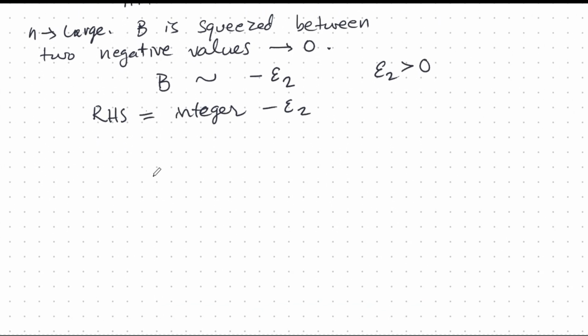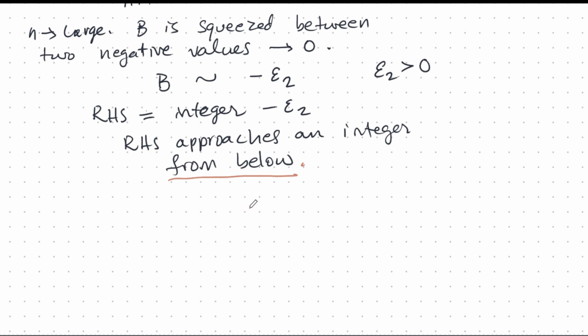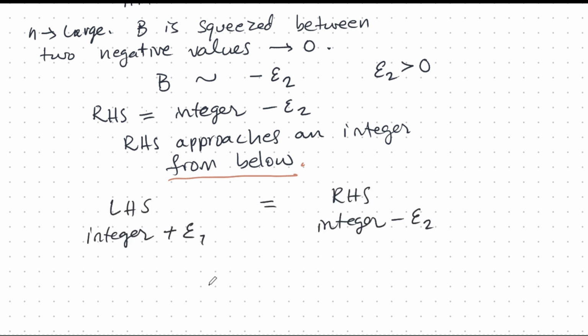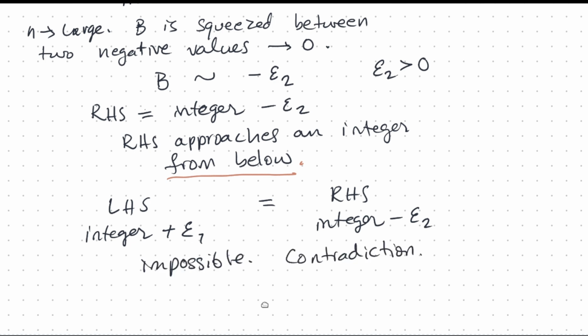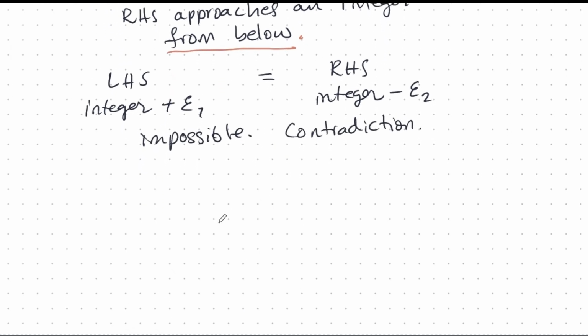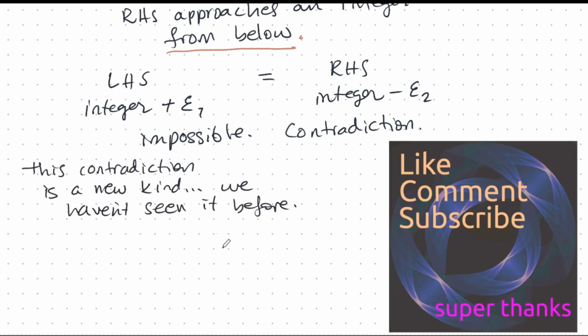All right, good. So let's think about this. The right-hand side approaches an integer from below, but the left-hand side approaches an integer from above, like this. But this is impossible. And here is your contradiction. This cannot be true. Now, that's very interesting because have you ever seen a contradiction like this before? So this contradiction is a kind of new one.